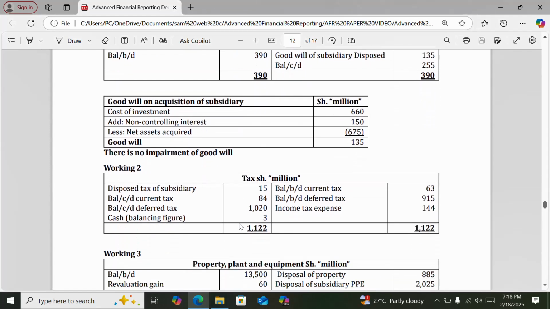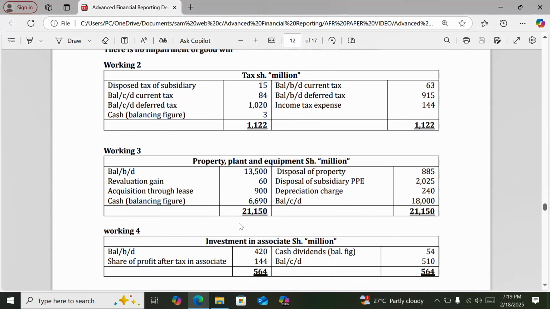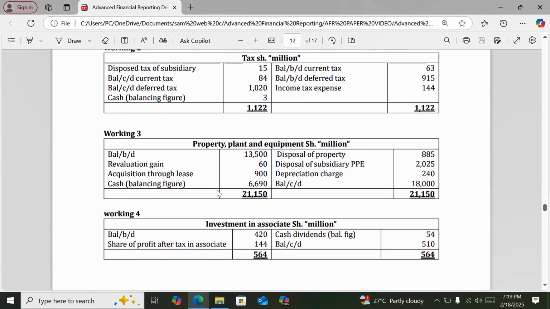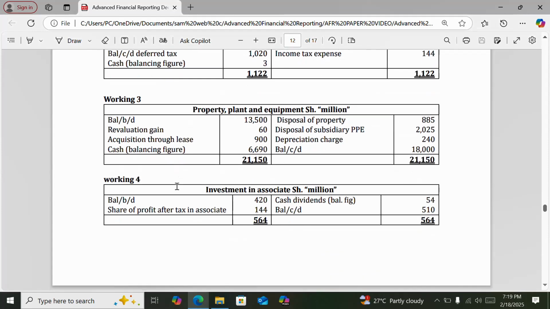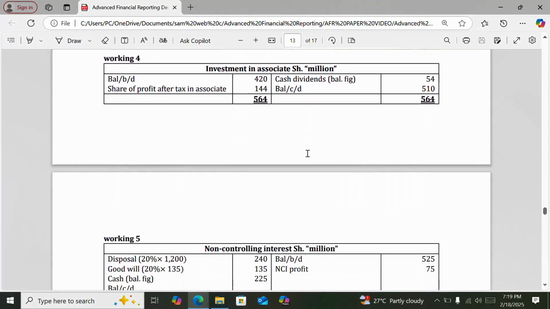Then working 2, that is determining the amount of tax paid. Then working 3 was to determine the cash spent in purchasing property, plant, and equipment. Then working 4 is about the cash dividends paid by the associate.